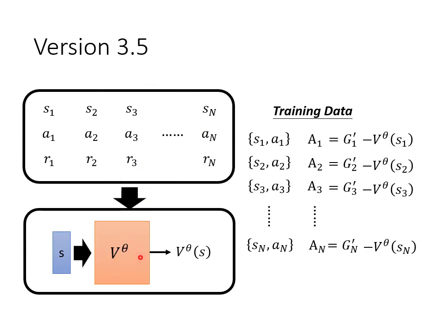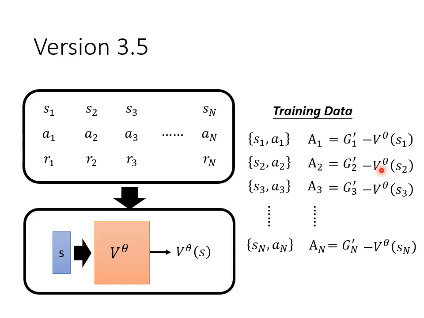After you trained a critic, give it a state, and it will generate a score. Then you treat this score as B. So G1 prime needs to subtract V theta of S1. G2 prime needs to subtract V theta of S2. And so on. Okay, the next question is, why is subtracting V a reasonable choice?